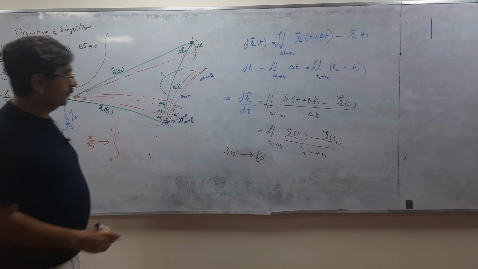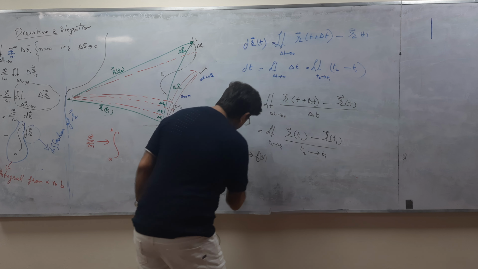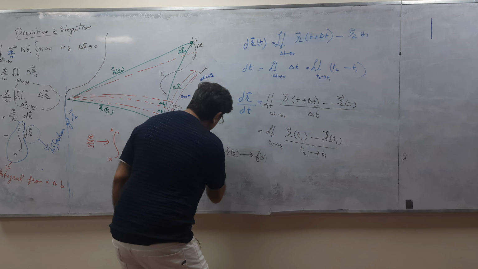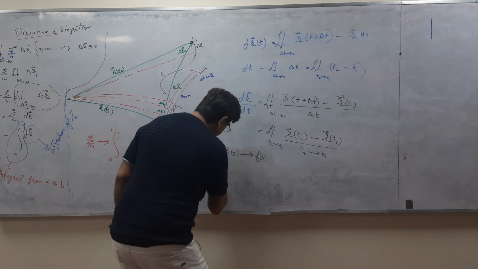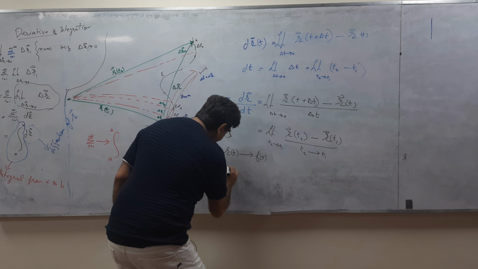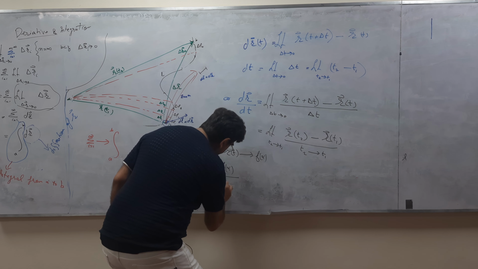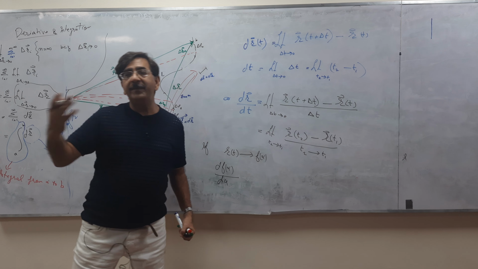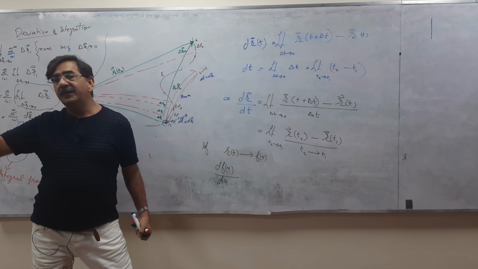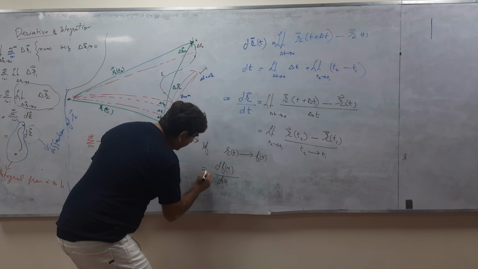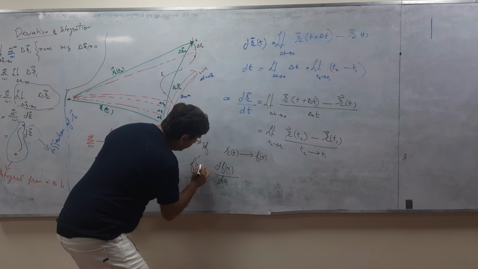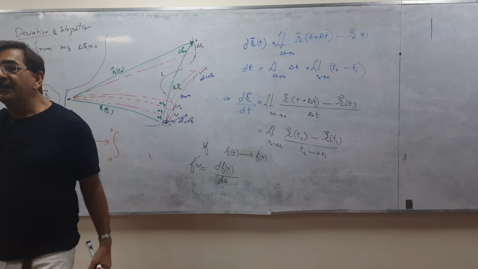So what will be the derivative? If I replace, df of alpha over d alpha, where alpha may be t, x, y, z, that represents f prime. The derivative is actually represented by the prime.